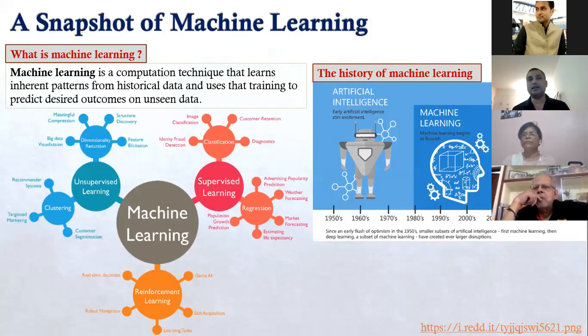And after learning the inherent patterns from that historical data, the machine automatically applies that learning and predicts the desired outcome on unseen data. So we collect the data, provide some of it to the machine, and using some algorithms we train the machine, which learns the inherent pattern in the data and then applies it to new data.